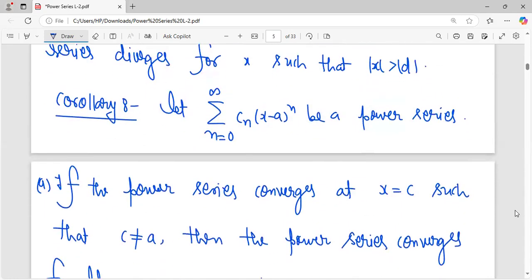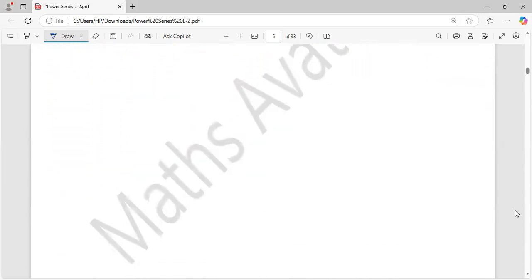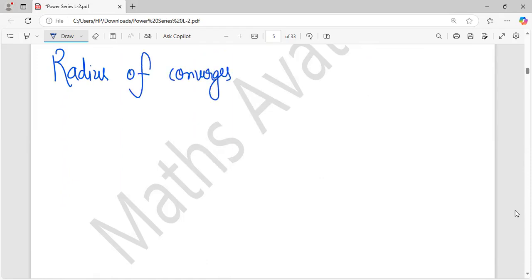Now, by using this, we are going to define a radius of convergence for power series.